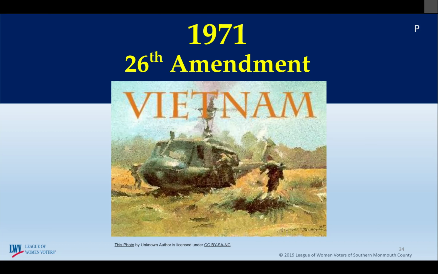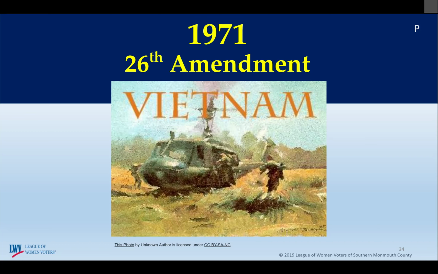The Vietnam War was very unpopular with a large part of the American public, and there were public protests against the war. Many Americans, especially the young, wanted to end our involvement. Of those who died during the war, over half were young men between the age of 18 and 20.